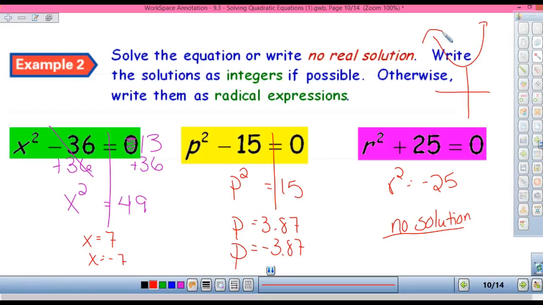Does it cross the x-axis? No. That's why it's no solution. If I were to plug the previous one into my calculator, it would look like that, and it would cross at 3.87 on this side and negative 3.87 on this side.